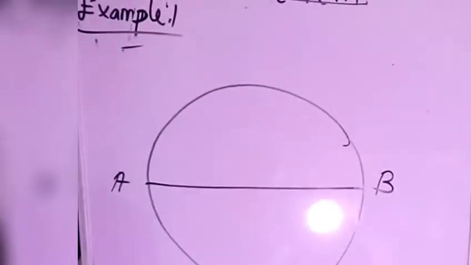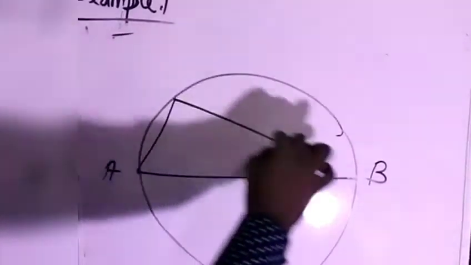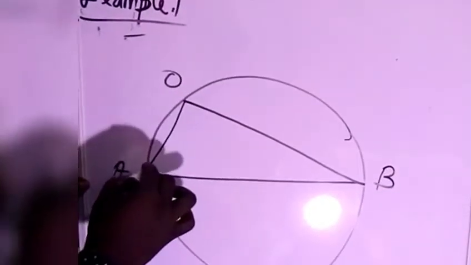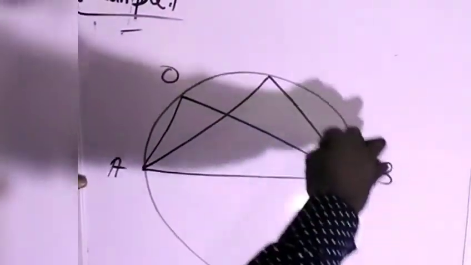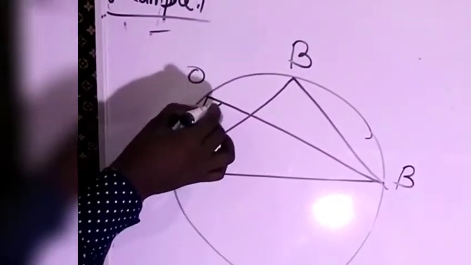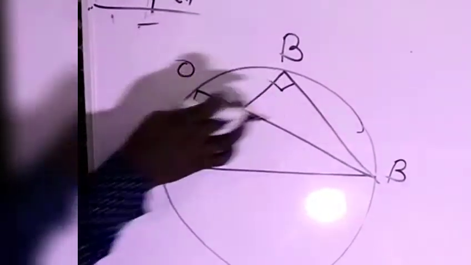So this is the diameter. Let's form an angle. So let's assume this is the angle. So A, let's put O here, AOB, and let's form another angle. Yes, also B. Since all these angles are formed on the circumference, the law says here must be 90.